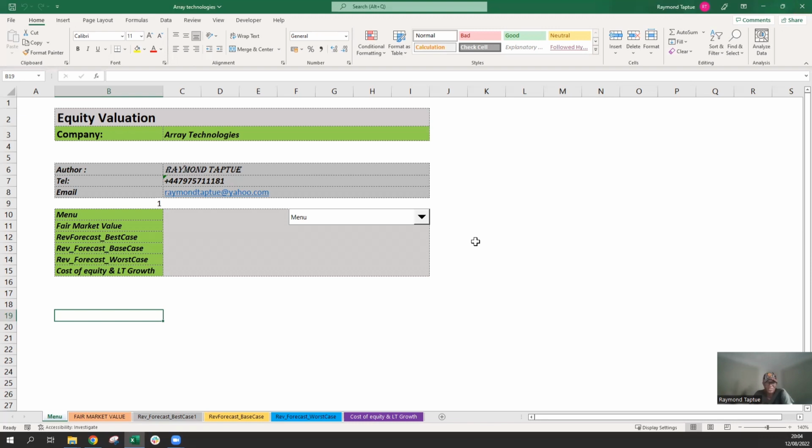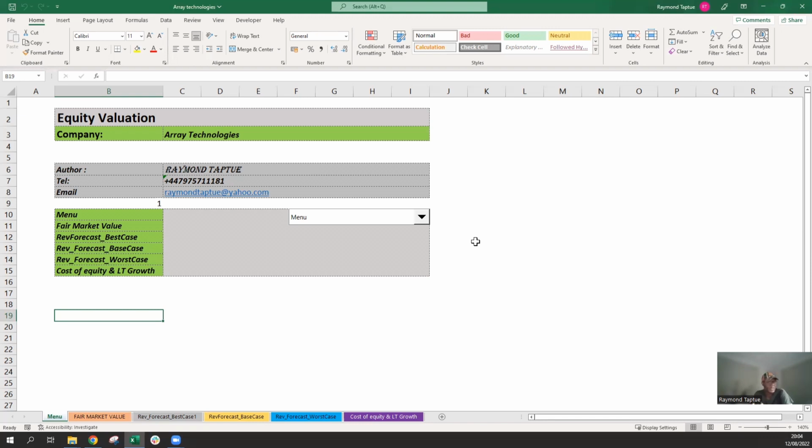The only difference between what I'm going to do today and what I did with Tesla is that we're going to introduce what-if analysis for key variables, to allow ourselves to form a strong opinion regarding the valuation of a company. First of all, we're going to forecast key variables.